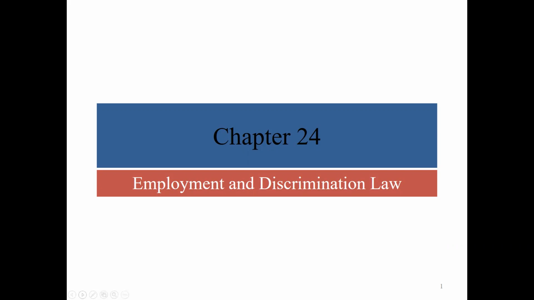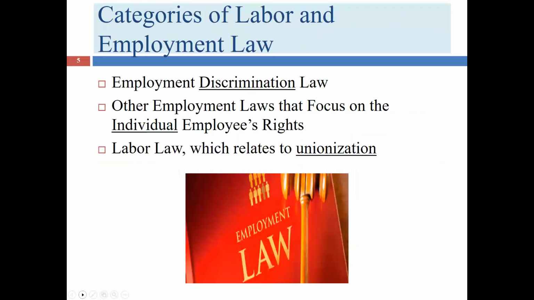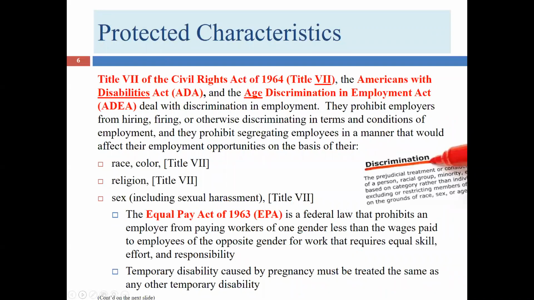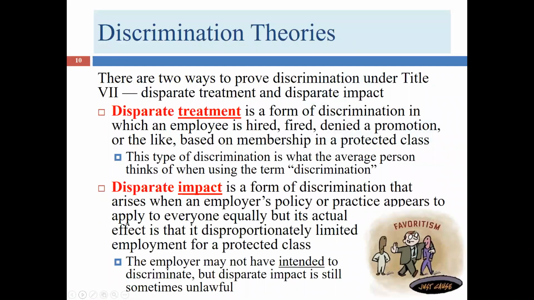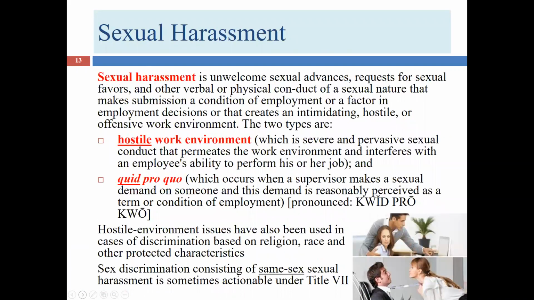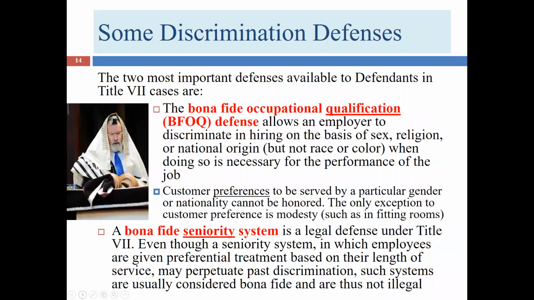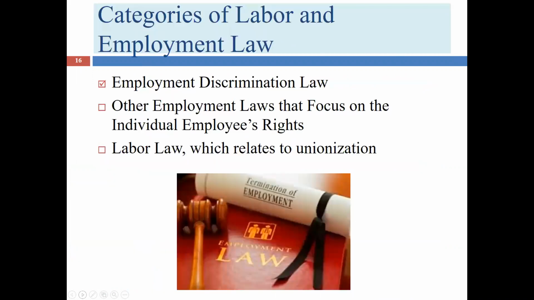So let's get started. Let's just do a little review of where we've been. We've talked about at-will employment. We've talked about the three big discrimination laws, Title VII, Americans with Disabilities Act, and the Age Discrimination in Employment Act. We talked about the different discrimination theories that a plaintiff can advance: disparate treatment and disparate impact. We talked about sexual harassment. And we talked about BFOQs and bona fide seniority systems. We talked about the EEOC charge process.